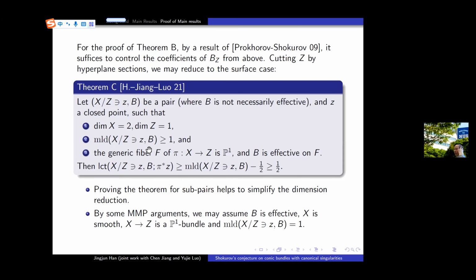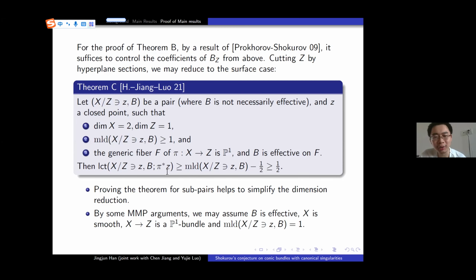So, hello, Jinju. Hi. In the statement of theorem C, the last line, you have a semicolon π*Z. So π*Z is divided as another boundary. The last line, π*Z. Yeah.